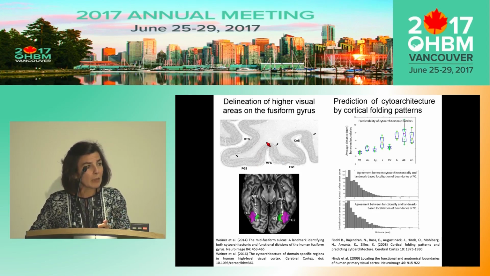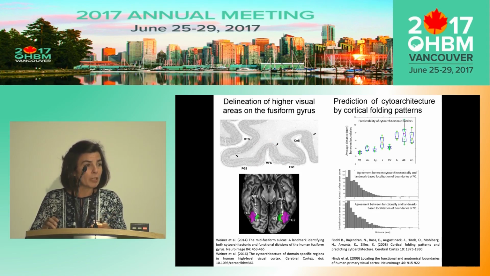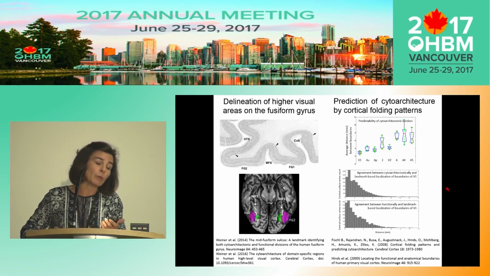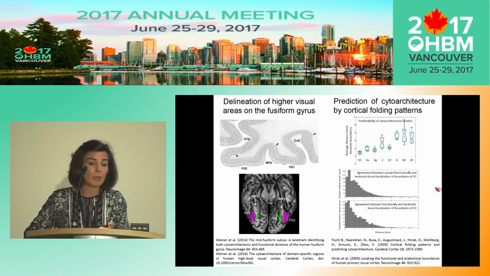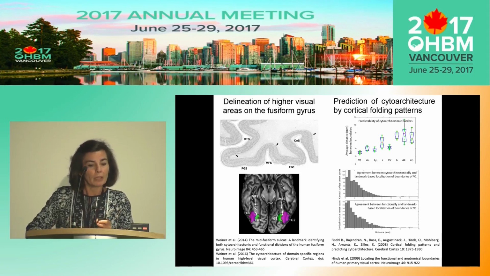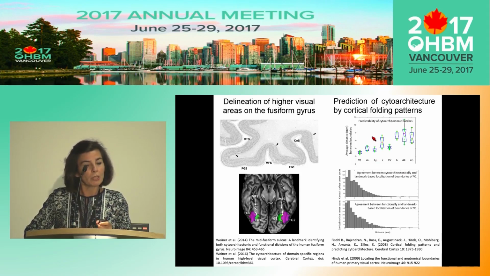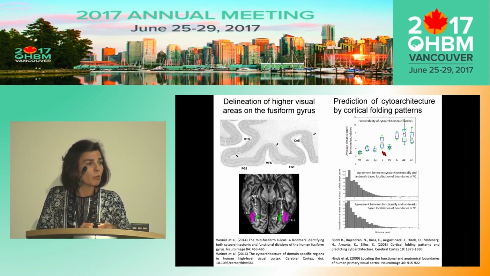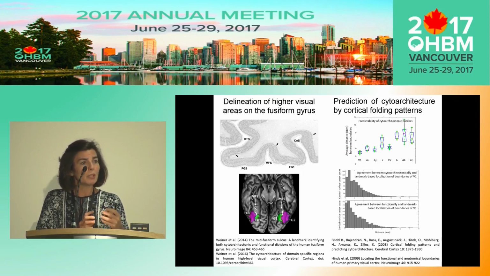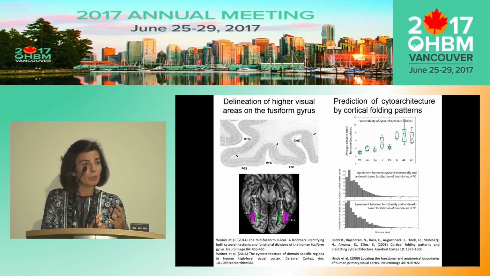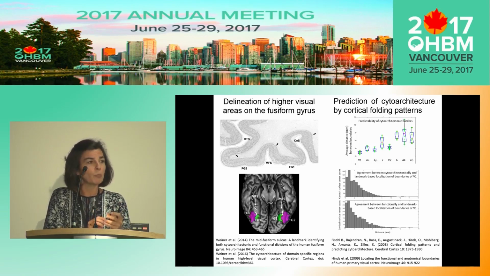Other studies have analyzed the correlation between macroanatomical landmarks and microscopical borders to see how often you can find a correlation. The box plot shows that when you're analyzing primary visual cortex or primary motor cortex, there's actually a relatively good correlation between the macroanatomical landmark and the position of the border.